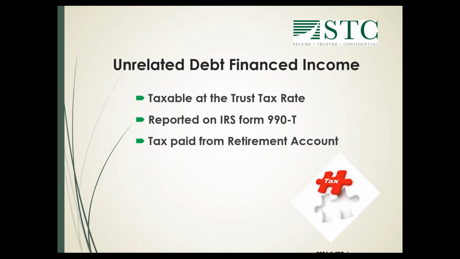But keep in mind, you have $12,000 of net income in that account to pay the $766 tax. So again, discuss this with your tax advisor and see if that might be something you'd be interested in.